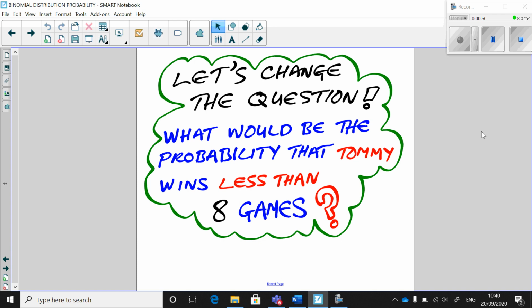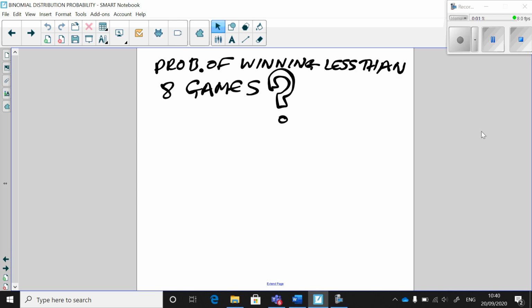So here, what's the probability that Tommy wins less than 8 games? Well, I never put it in there, but we're sticking with the total of 10. And the key phrase here is less than. Less than 8 games.